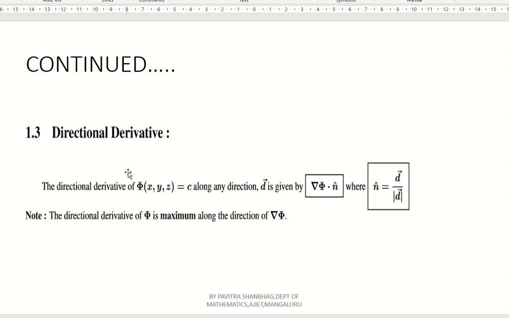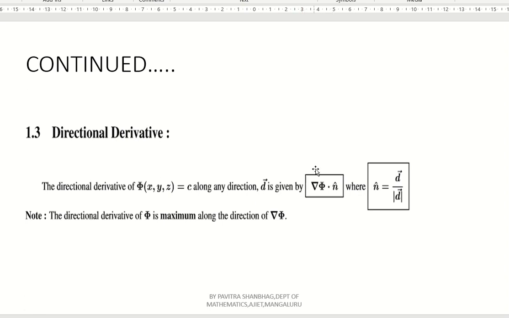So how to find the directional derivative of a given surface? That is the directional derivative of phi of x, y, z equal to c along any given direction vector d, or you can take some other direction vector a, anything. How to write the directional derivative? It is given by del phi dot n cap.